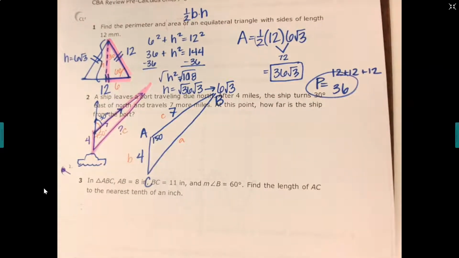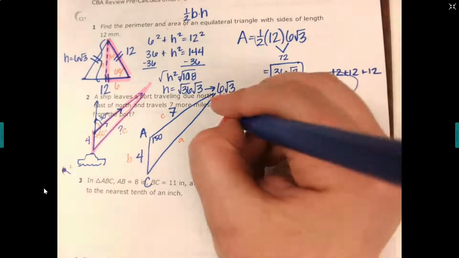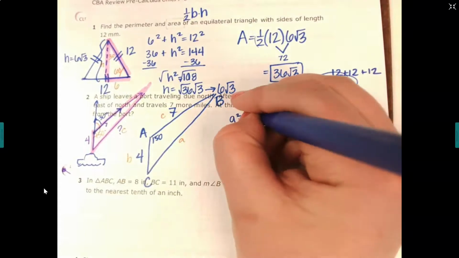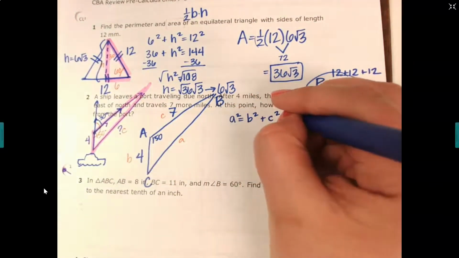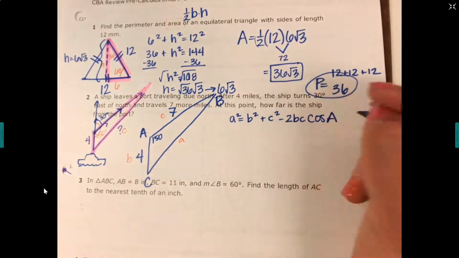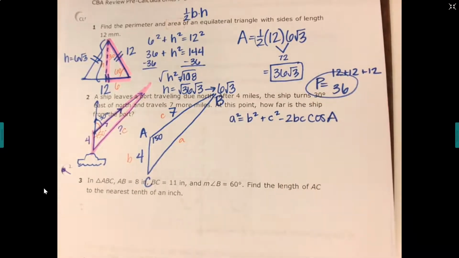Okay? Then from there, I'm going to look back at my notes. Okay, or I'll just tell you what it is. Okay, your formula is a squared equals b squared plus c squared minus 2bc cosine A. Okay, and it's okay if you don't remember that. You're going to have the formula chart. Okay, this is law of cosines.